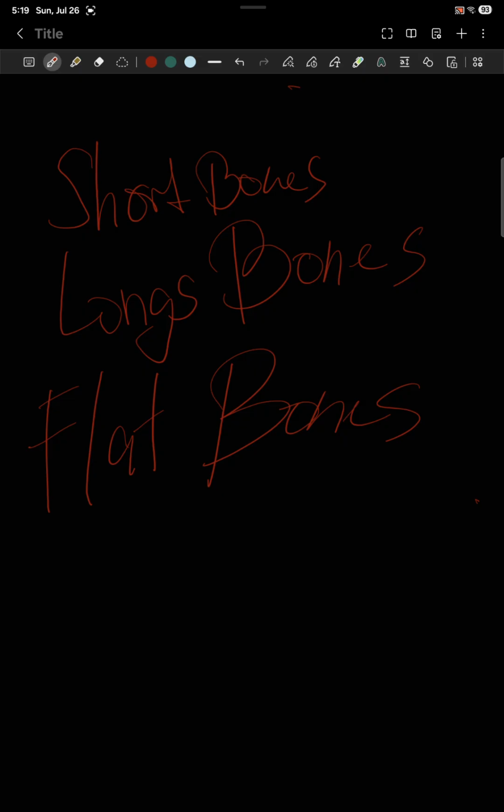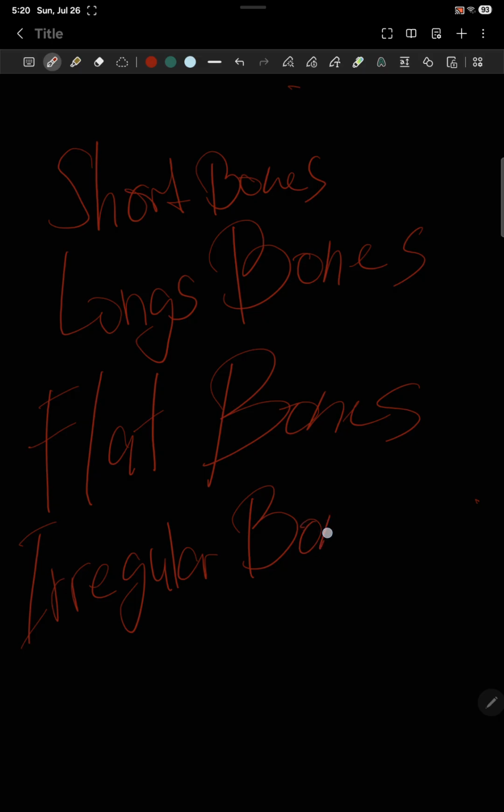Flat bones are thin, flat, and usually curved. Then next we have the irregular bones, which are different from other bones and do not fit one bone shape.